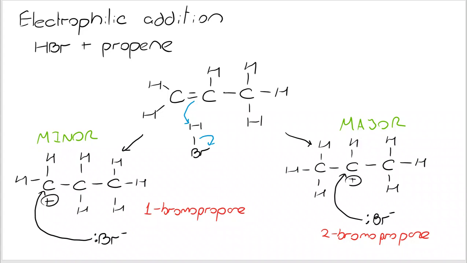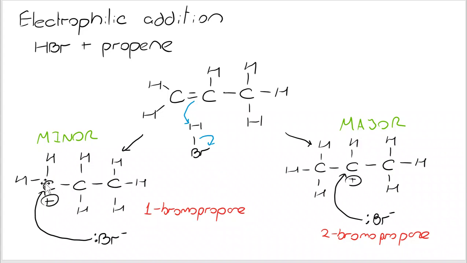And the reason for it, and I'm going to give you a chance to think about this on future tasks on this video, but the reason for it is that 2-bromopropane is formed via a secondary carbocation intermediate. It's secondary because the carbon that's positive has 2 alkyl groups connected to it. And that's more stable than a primary carbocation.